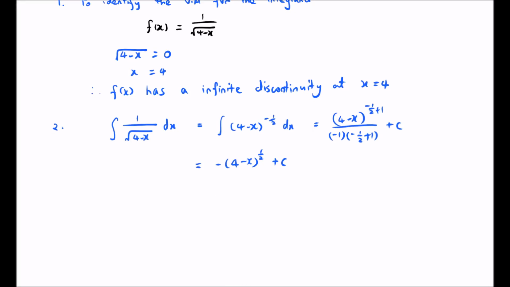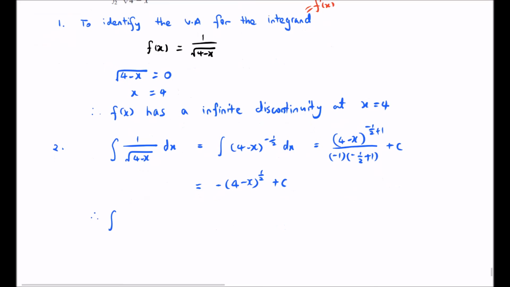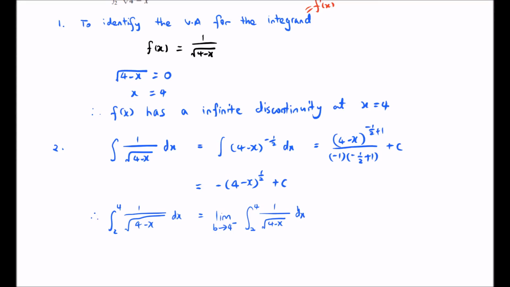Then we say therefore the integral from 2 to 4 of 1 over square root of 4 minus x dx must be a limit. Now you are approaching from less than 4, so you say b goes to 4 minus. First you write down the improper integration using limit.